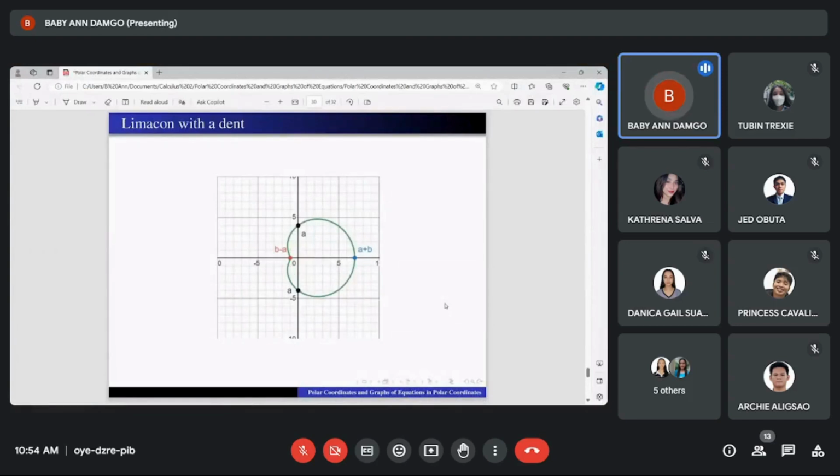Okay, so ang limason with a dent, or dimple limason. So ang B minus A niya, class, naa siya dire. Okay?